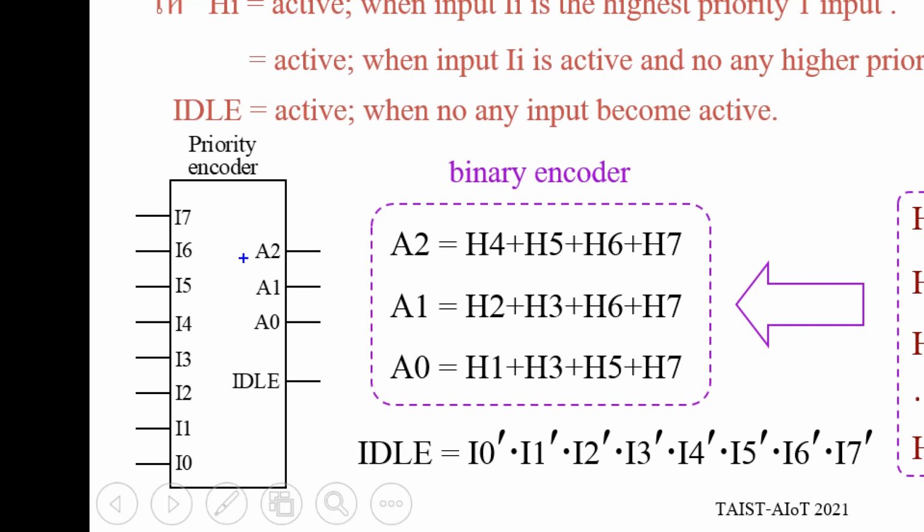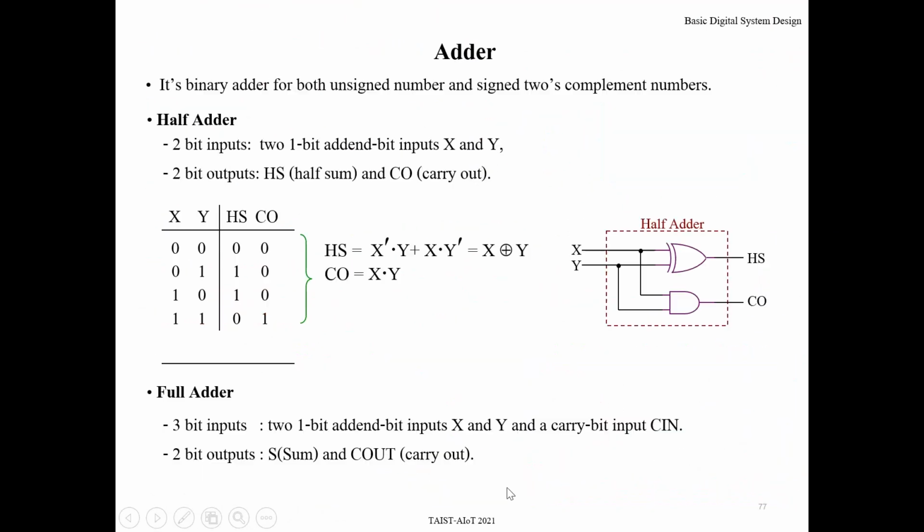That's not enough for a 3-bit output. So you must create one more bit. It is called idle. Idle will be active when no input bit is active. So you can write the expression like this: I0 prime, I1 prime, until I7 prime. Okay, this is the encoder.